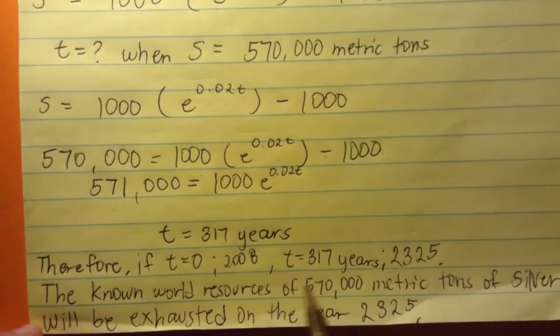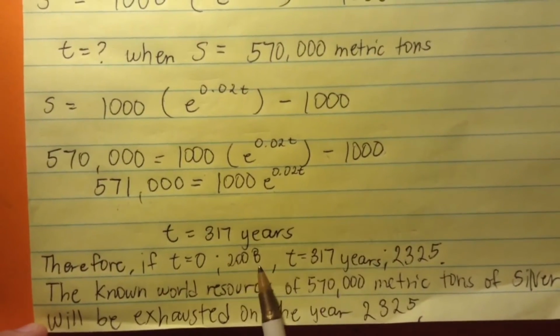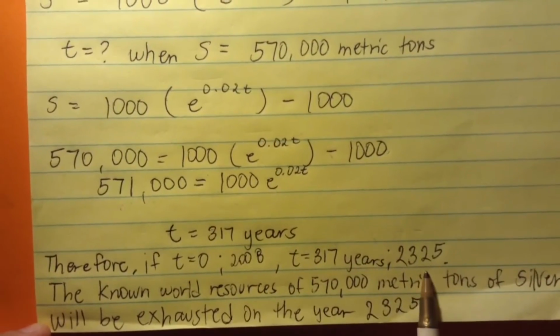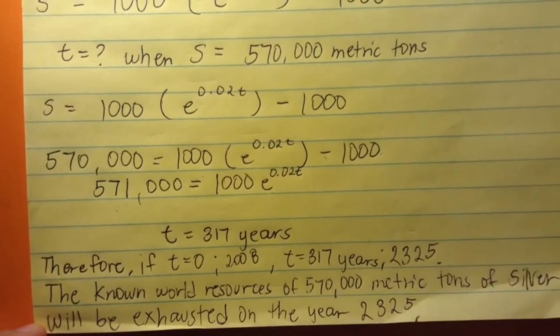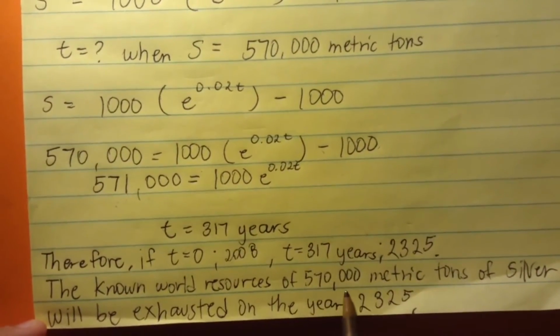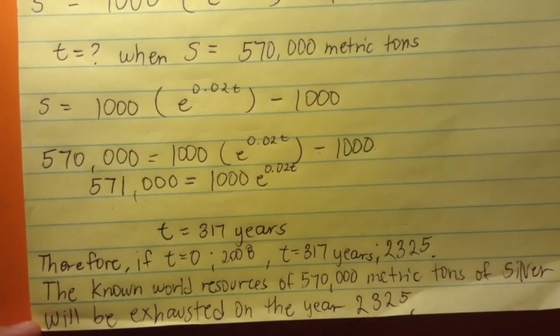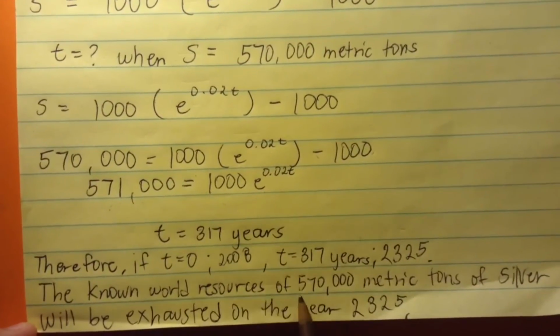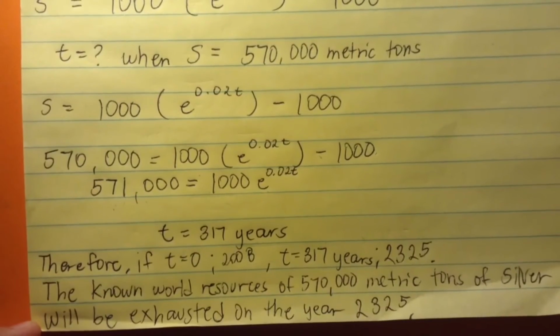You will just have to add 317 and 2008 to get 2325. The known world resources of 570,000 metric tons of silver will be exhausted in the year 2325.